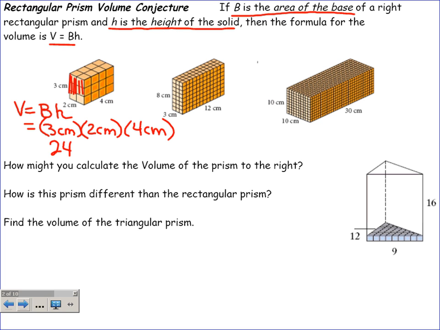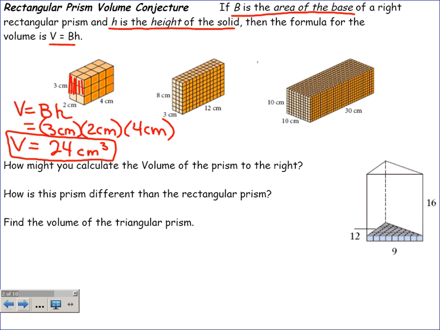What's centimeters times centimeters times centimeters? Cubed. Whenever we talk about volume, it needs to be 3-dimensional. Volume is 3-dimensional. That's why this is a 3D thing here. It's also why we talk about little tiny cubes. It's because it's going to be cubed.